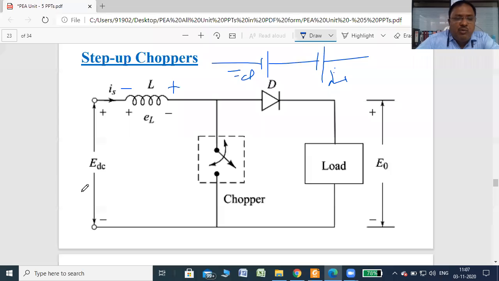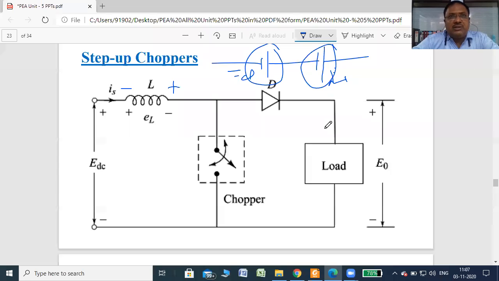Right? And then what happens? These two batteries, the voltage across the inductor and this EDC, come in series. This is the voltage across the inductor and this is the EDC. So both battery voltages are connected in series. If voltages are connected in series, there will be an addition of these two voltages, right?